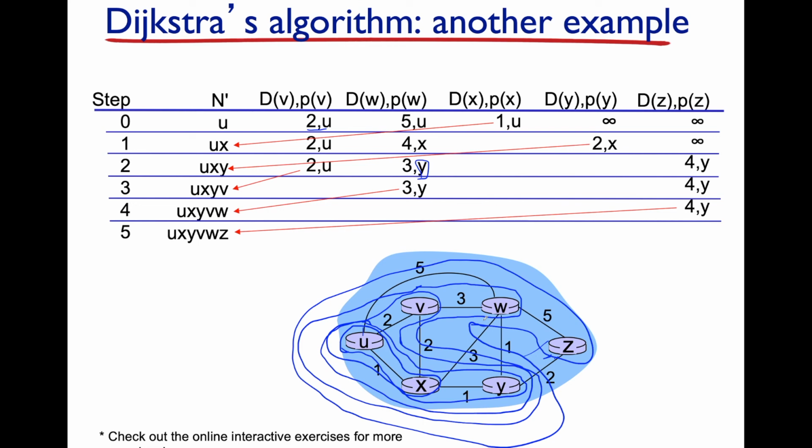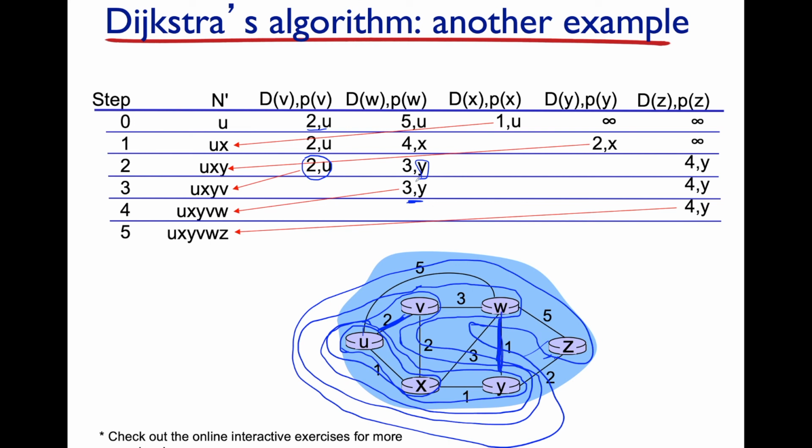And so we look at all of the predecessors, and we write them down. So we have u, right? Predecessor to v from u is going to be this link at a cost of 2. We have predecessor for w. It's y. The predecessor is y at a cost of 3. Okay.